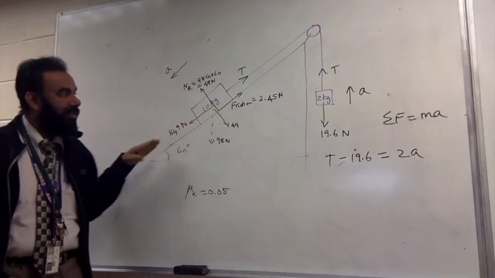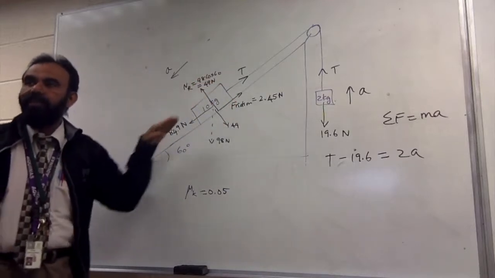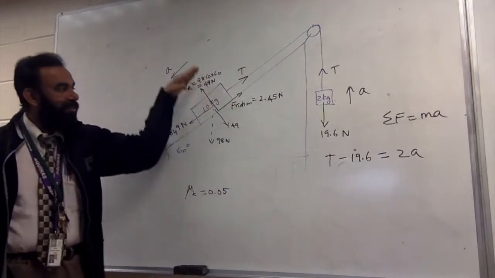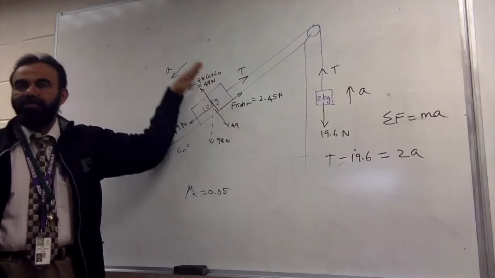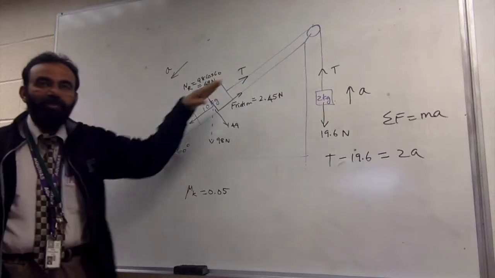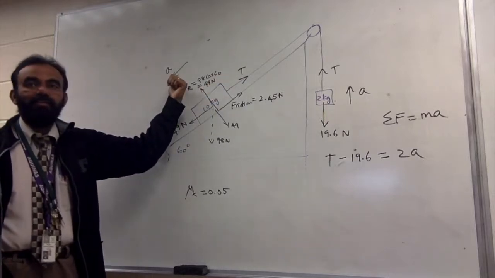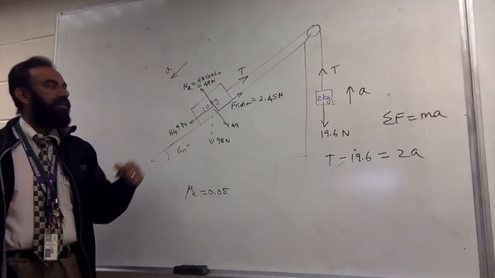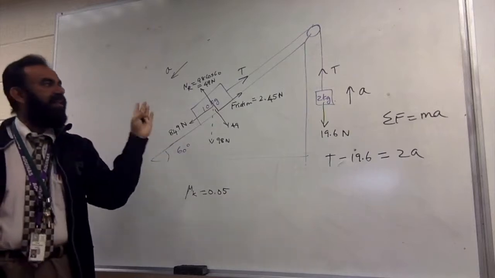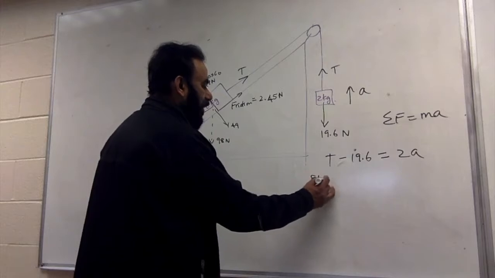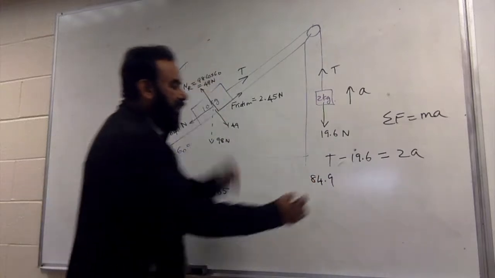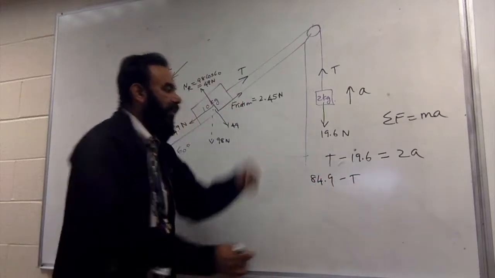Our focus is on this way, so we only include the forces in this direction, because the net force is 0 on the other side. But this way, net force is not 0 because it's accelerating like this. Which one is greater? 84.9 is greater than all the others. So our equation is going to be 84.9 minus T minus 2.45.